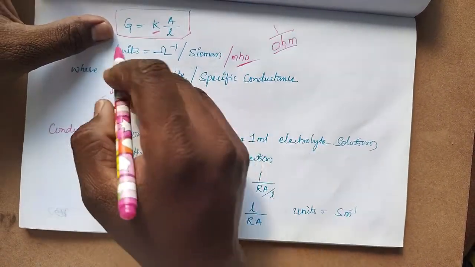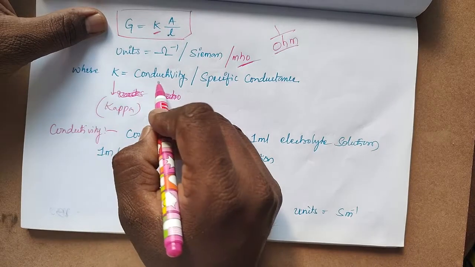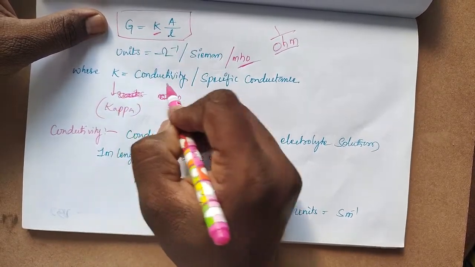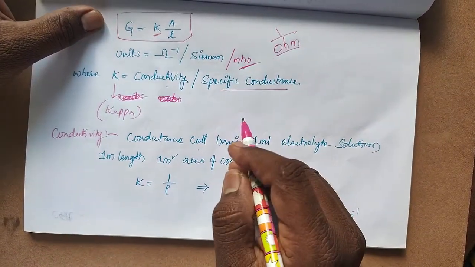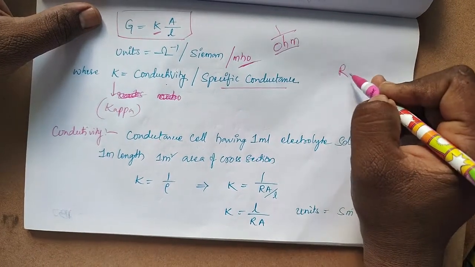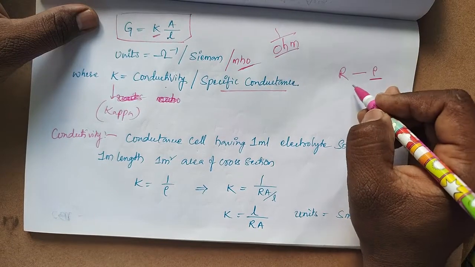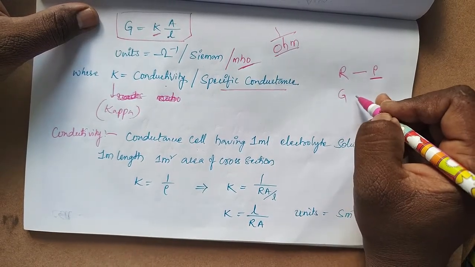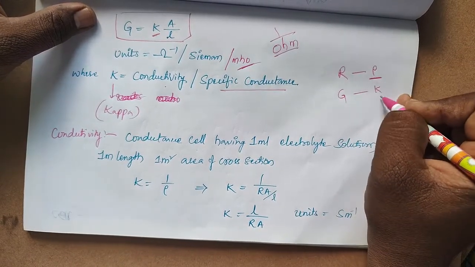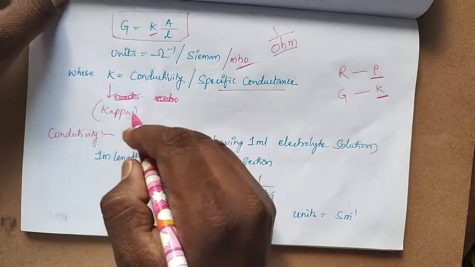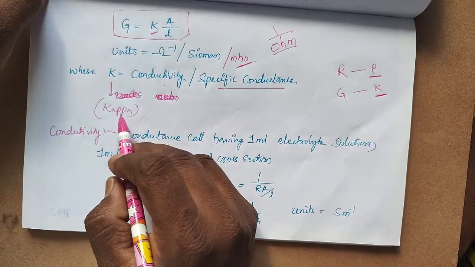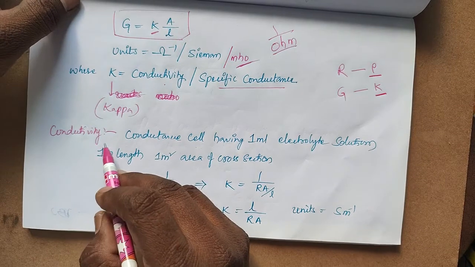This is the unit of conductance, and K is the conductivity or specific conductance. R is resistance and rho is specific resistance. G is conductance and K is specific conductance, also called kappa.